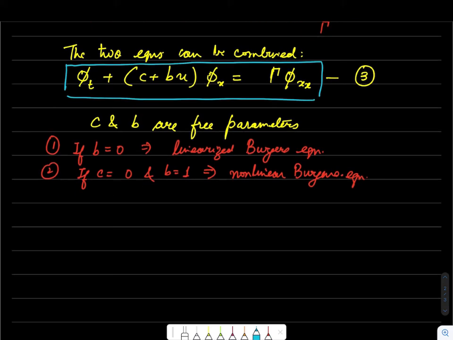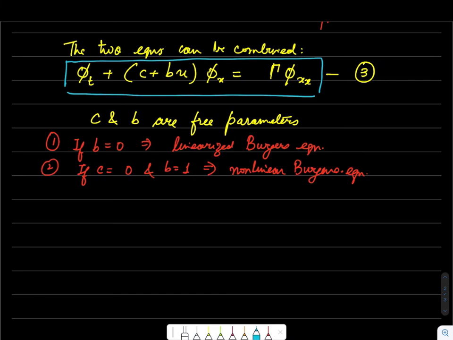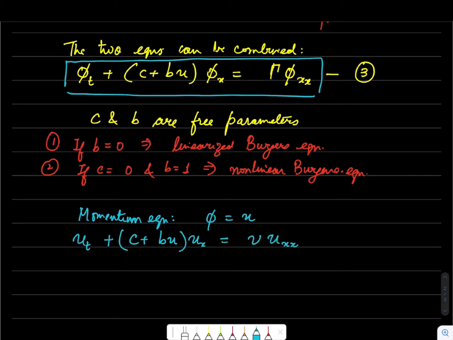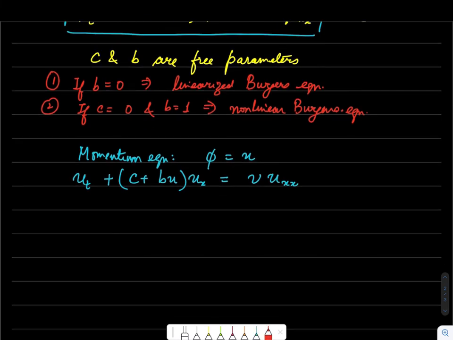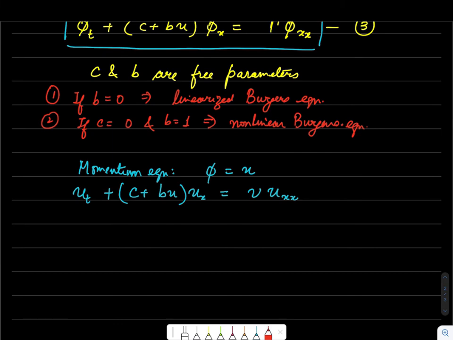So to show you why we are dealing with it, let's consider we're dealing with the momentum equation. And so phi is, let's say, u. In that case, the equation is u_t plus (C plus B u) u_x equals nu times u_xx. Now note that I can recast this equation in a slightly different way.